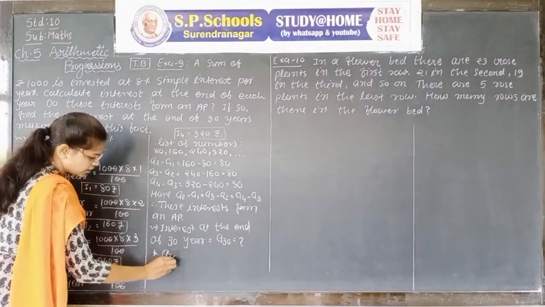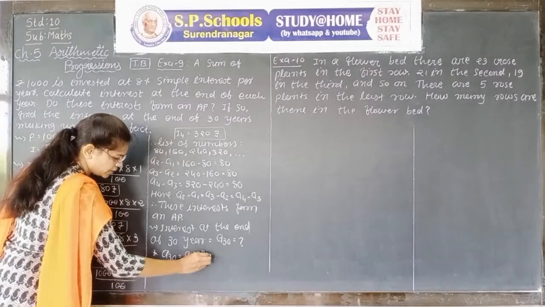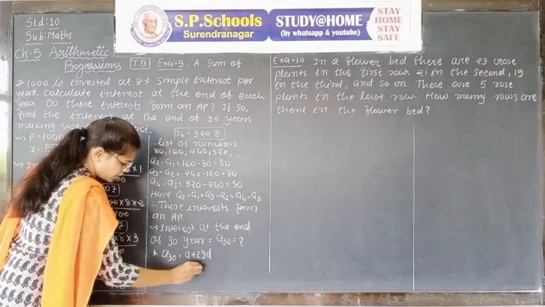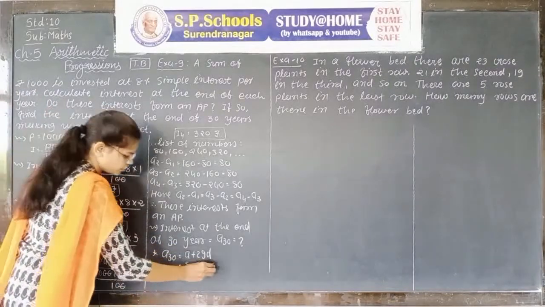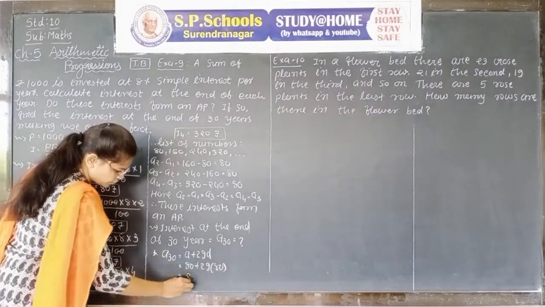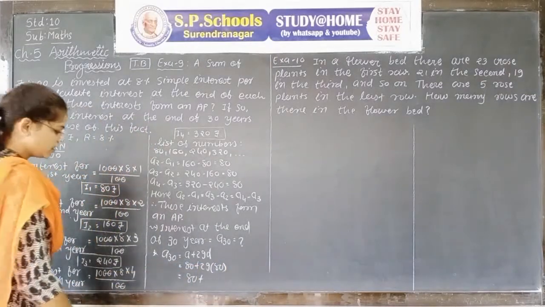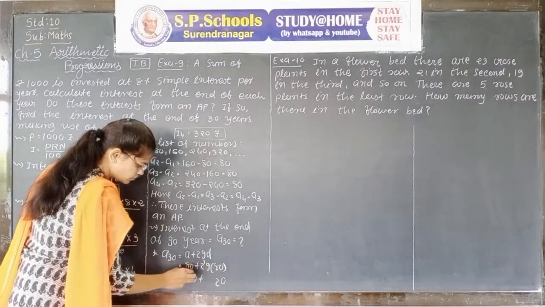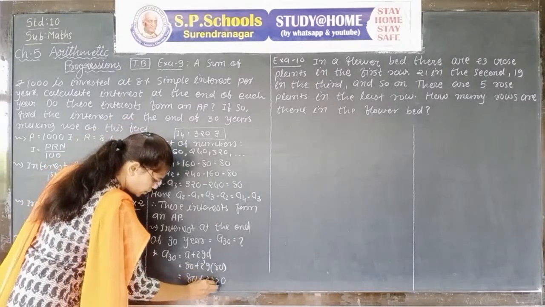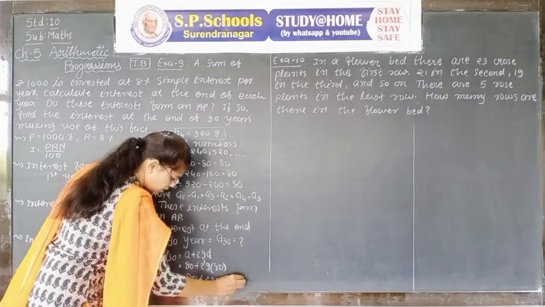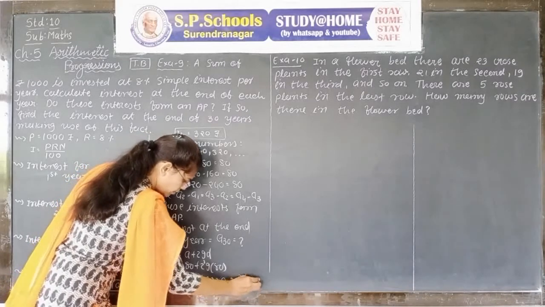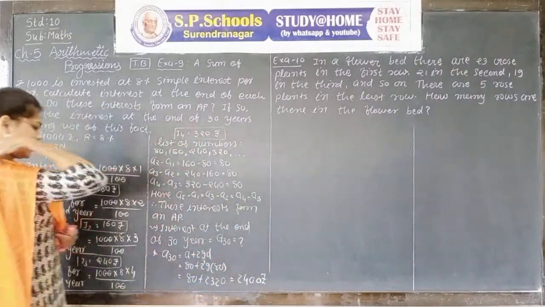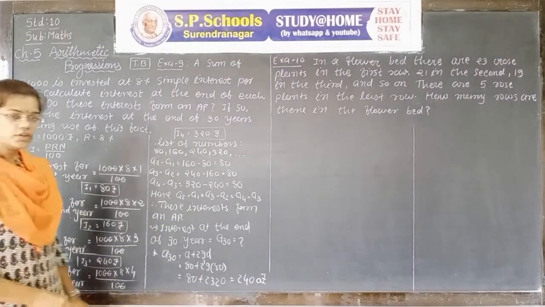We know A30 is equal to A plus 29D, where first term A is 80, plus 29 into D, which is 80. 29 8s are 2320, plus 80, and our answer is 2400 rupees. Interest at the end of 30 years is 2400.